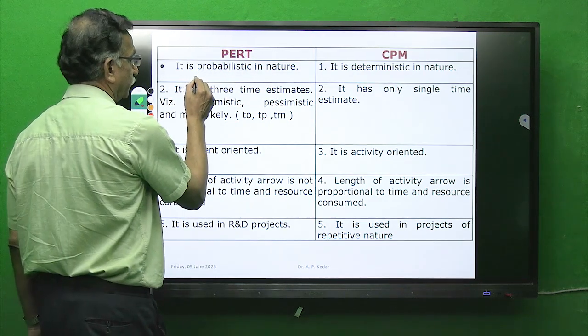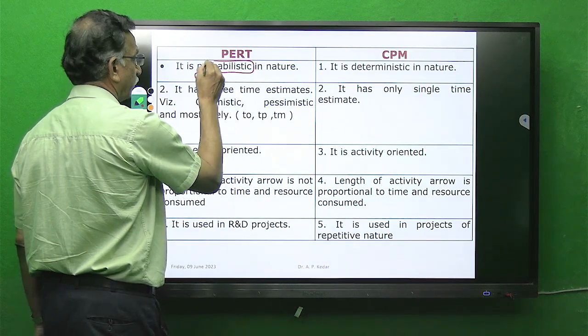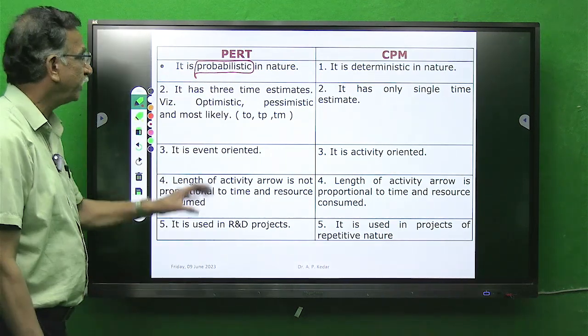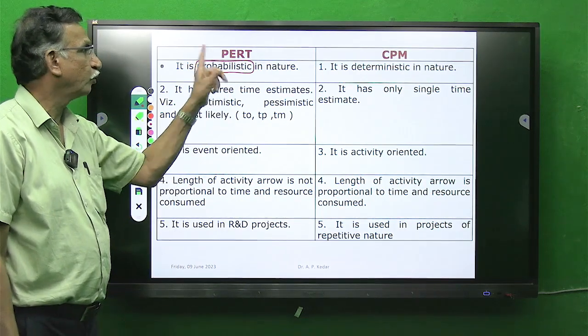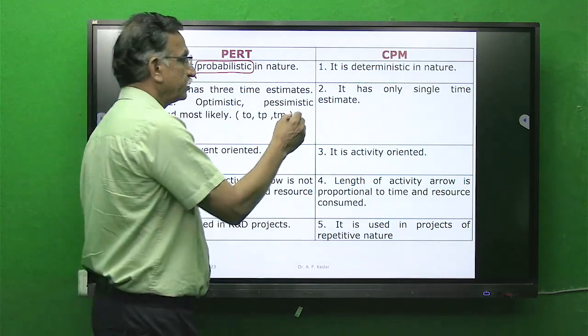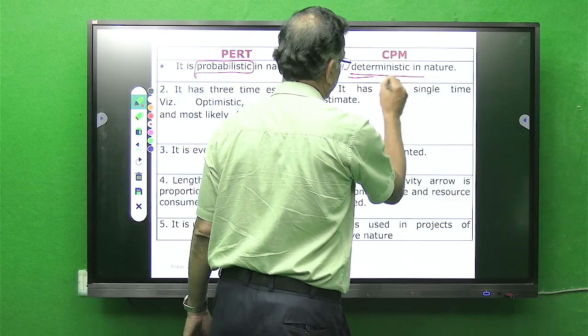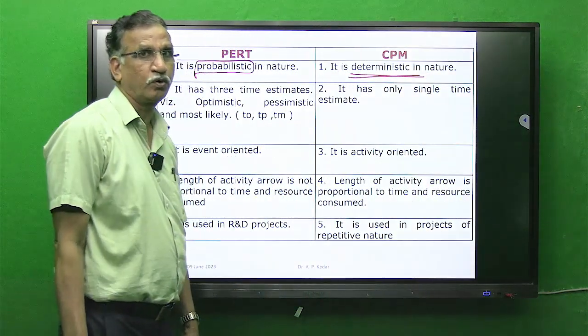Not sure means probability. When the nature of your project is probability based, go for PERT. But when it is deterministic in nature, always go for CPM.